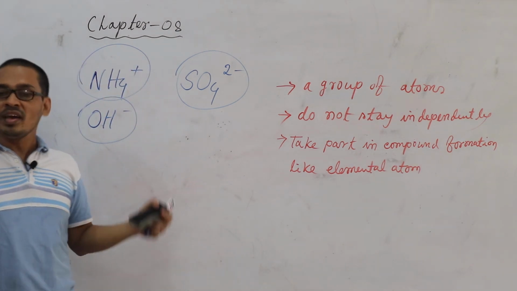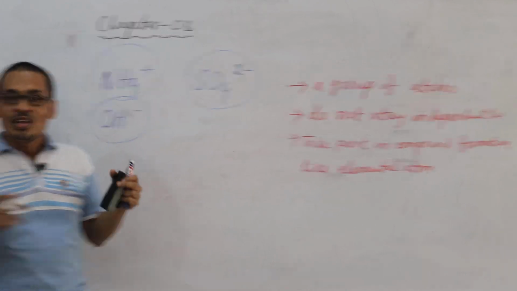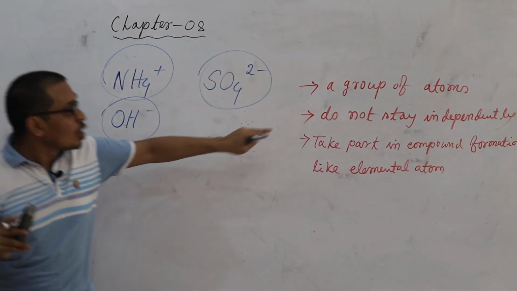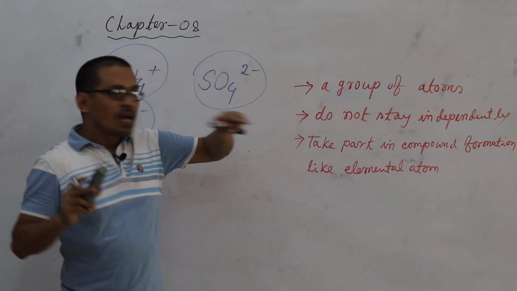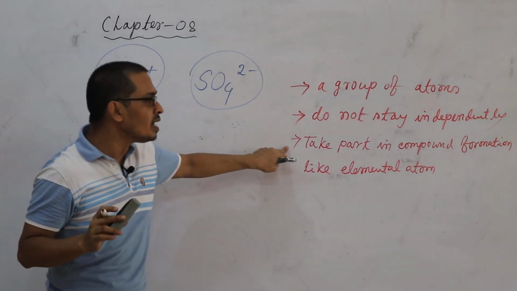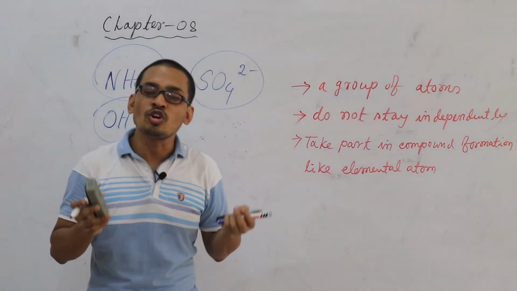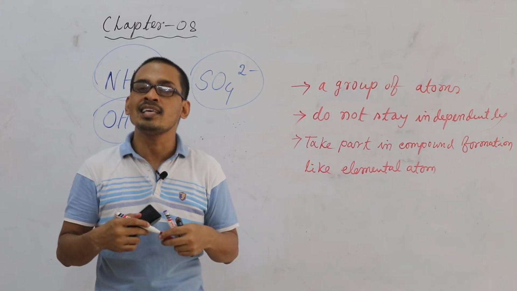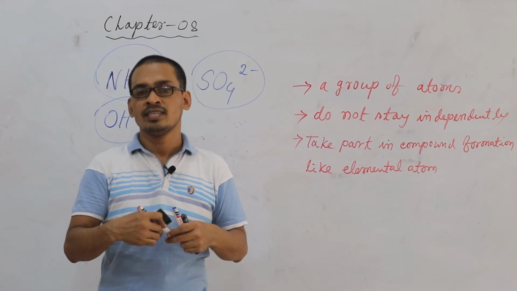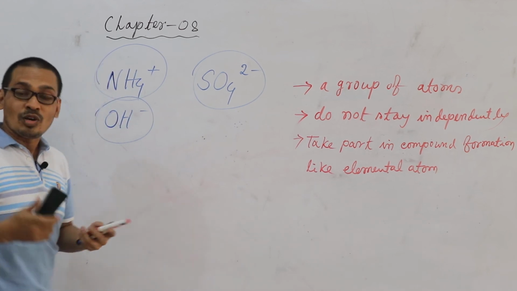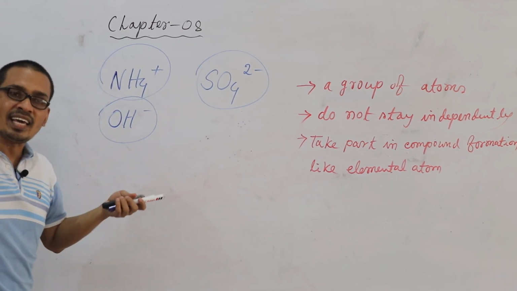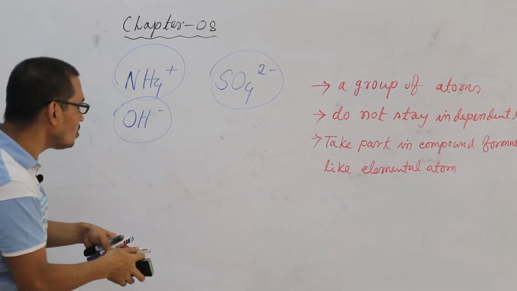Now you can make the definition of radicals. So radicals are a group of atoms that do not stay independently and take part in compound formation like elemental atoms. So you have learned that a radical can form a compound.